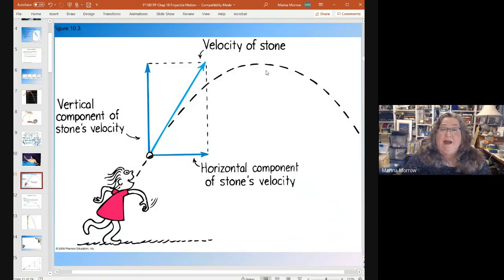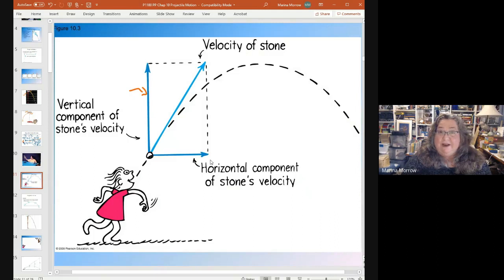Okay, now when you throw an object up into the air, it has a vertical and a horizontal component to the velocity, usually, unless you throw it straight upwards. And again, these are going to have different things happen to them. In the vertical direction, that velocity is affected by gravity, and so it will get less and less.